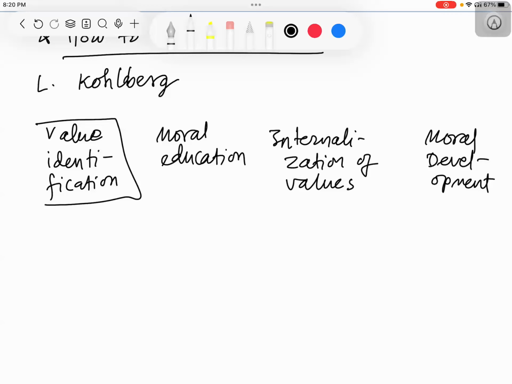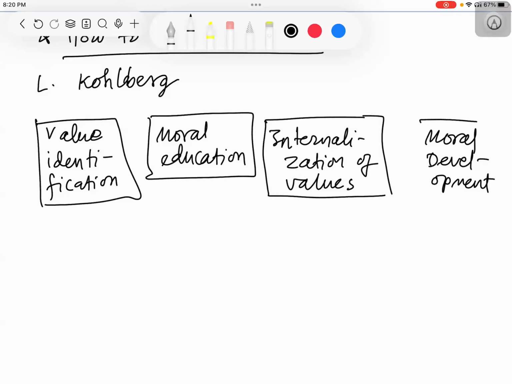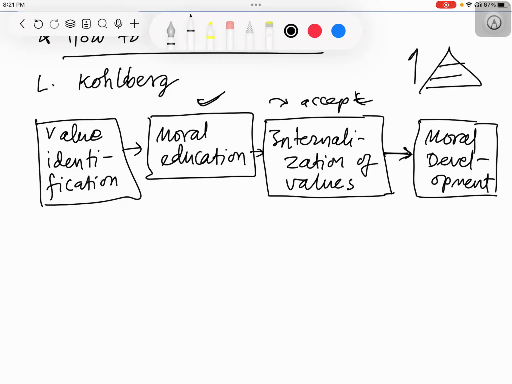So Kohlberg said that first we identify which value we want to inculcate, then train people in that value. Training is the main thing, and internalization means the person accepts it internally. Honestly he or she will believe it and accept it, and this will lead to moral development, moving upward like a pyramid.